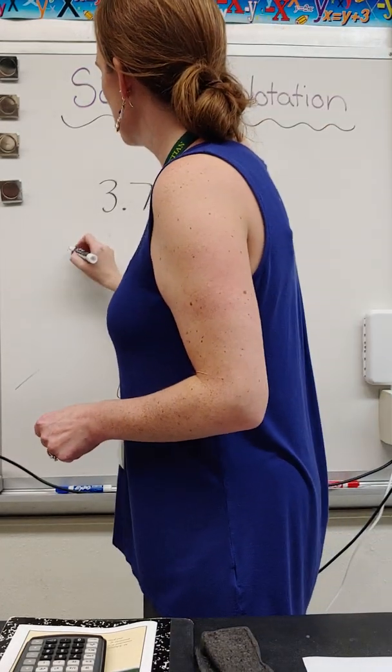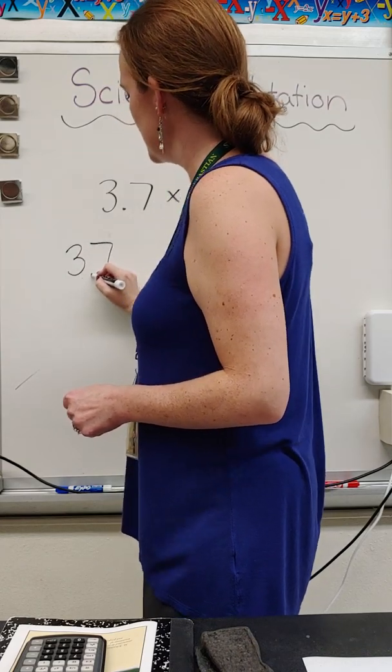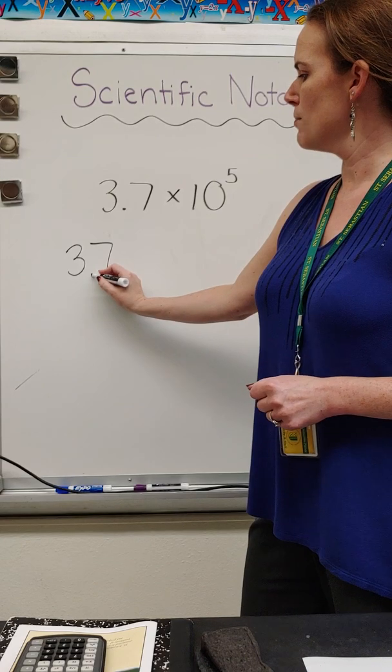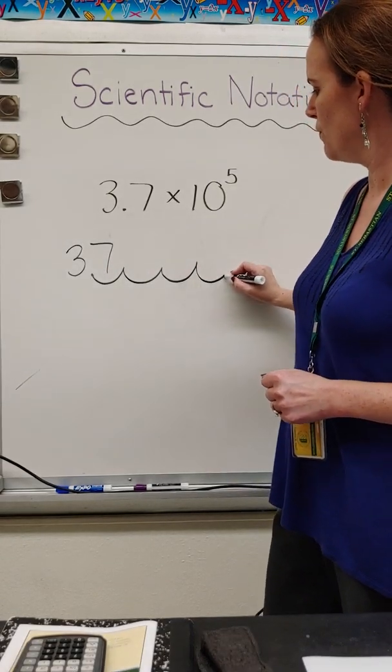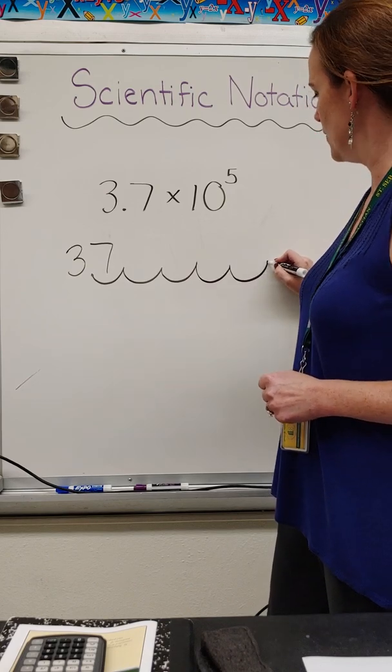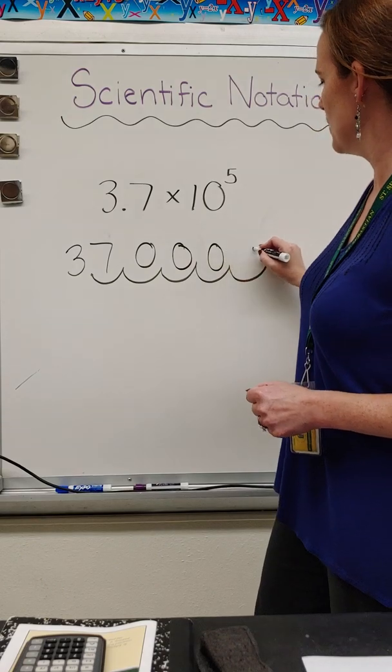So we're going to have 3, 7, but we're taking this decimal and we're moving it 1, 2, 3, 4, 5. And we just need to fill these spaces in with zeros.